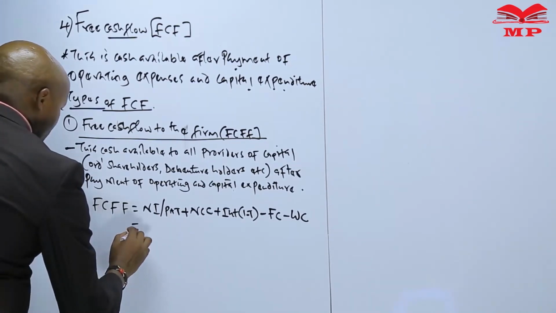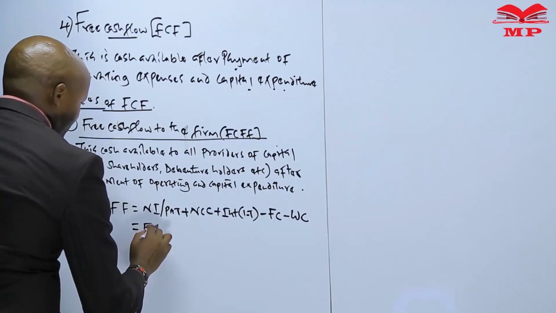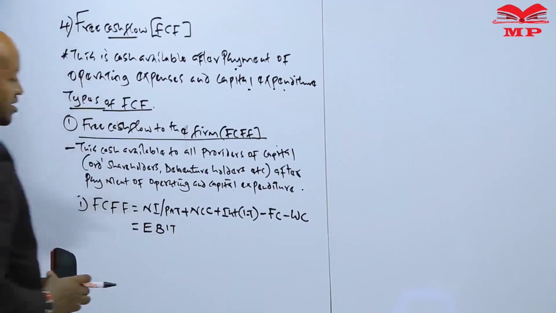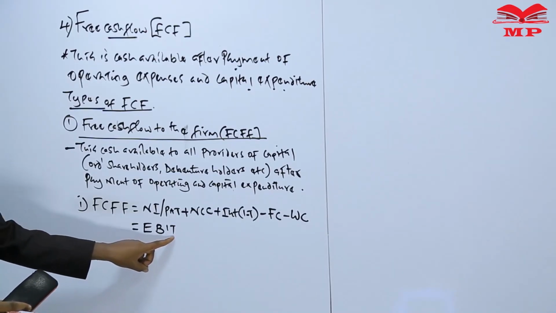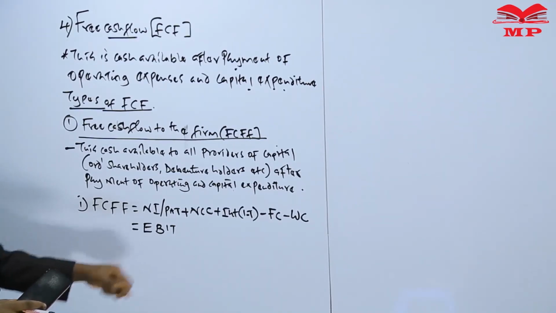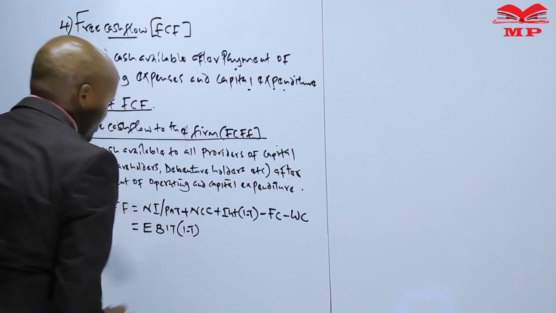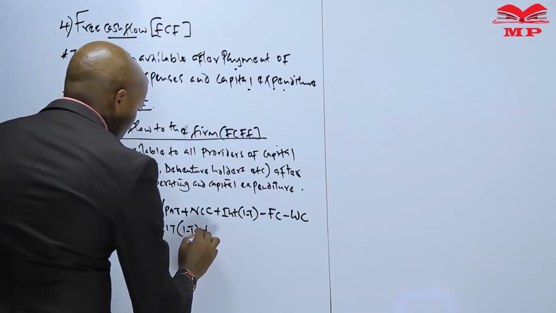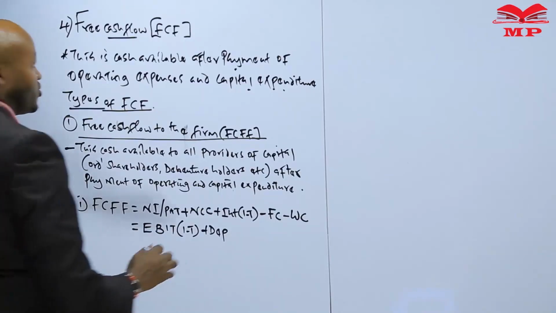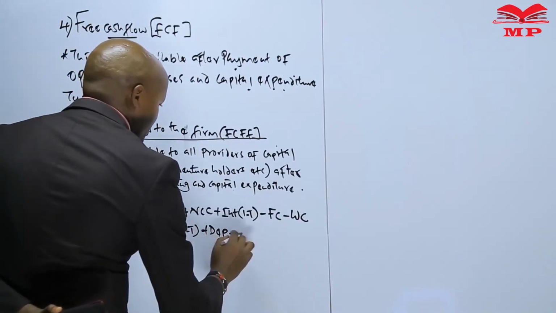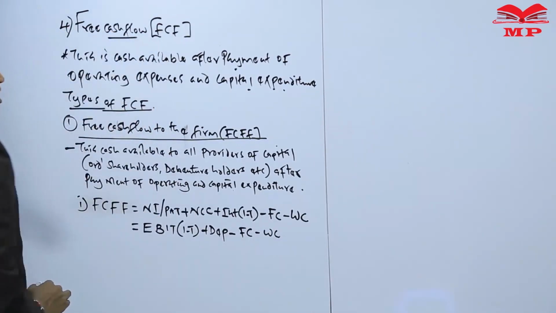Two, we can also compute the free cash flow to the firm by using EBIT, which is earnings before interest and tax, or basically the profit before interest and tax. We multiply that by 1 minus tax rate. To this we add depreciation, and after adding depreciation, we also less two items, the capital expenditure and working capital expenditure.